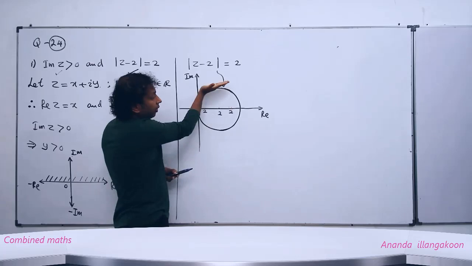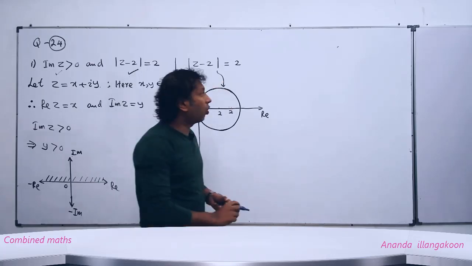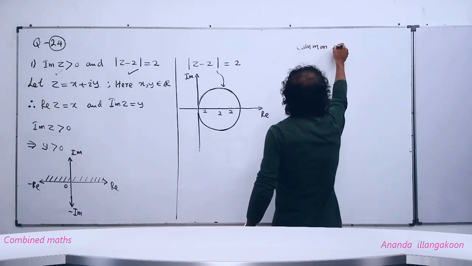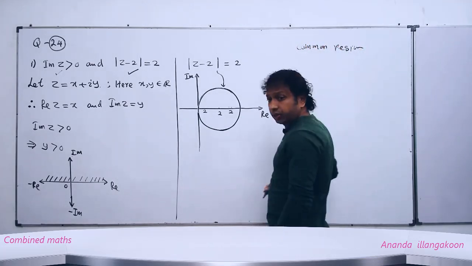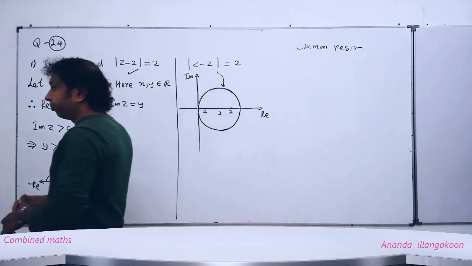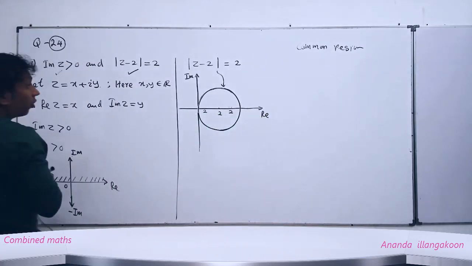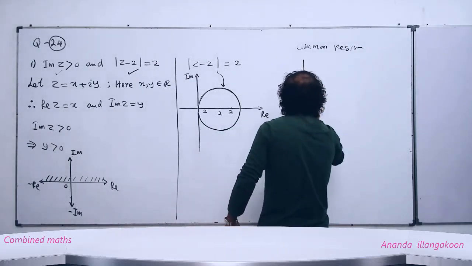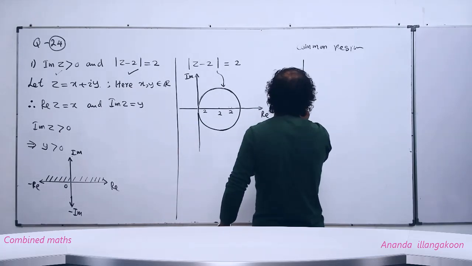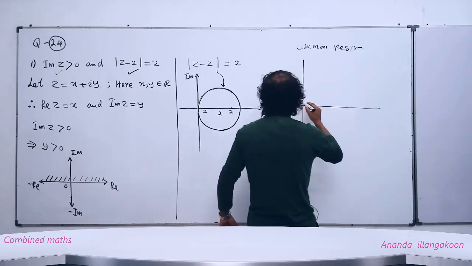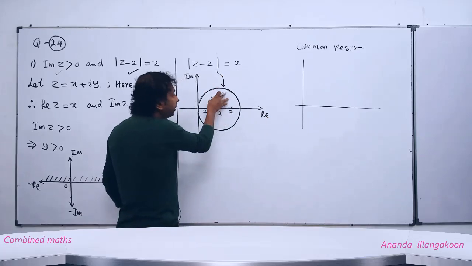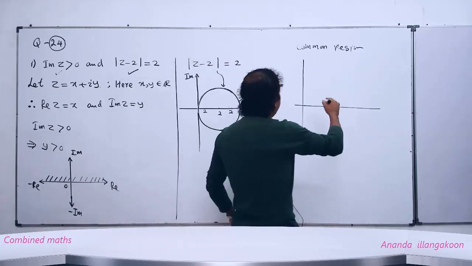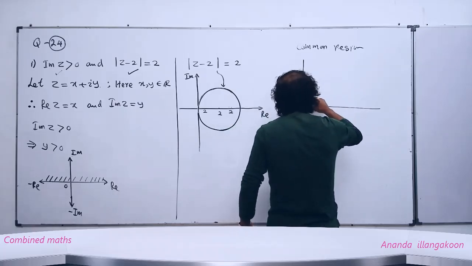That means above this line and on the circle. Therefore the common region is this part. Our region is not inside the circle; it is on the boundary of the circle. Then the common region is this.